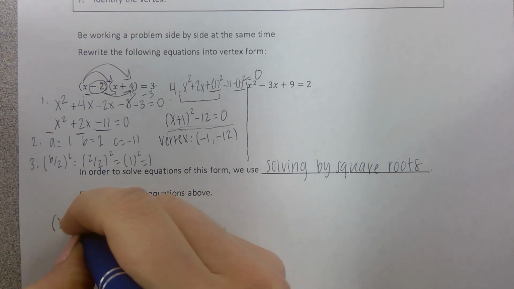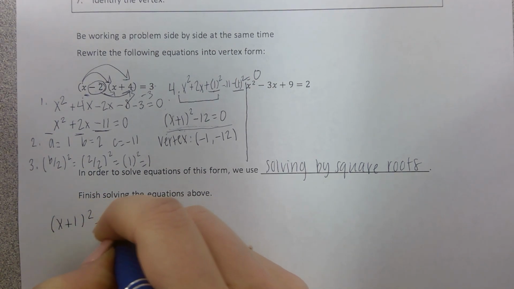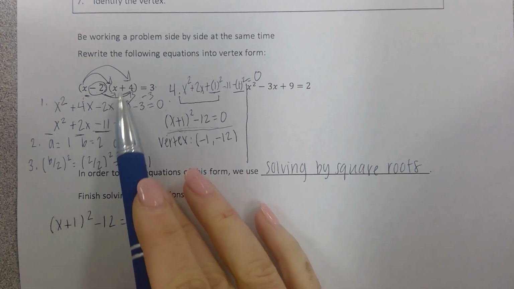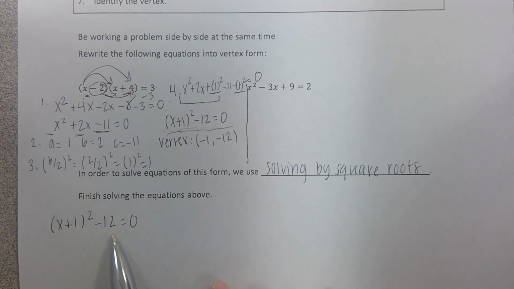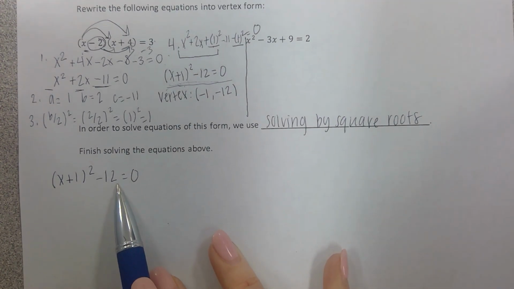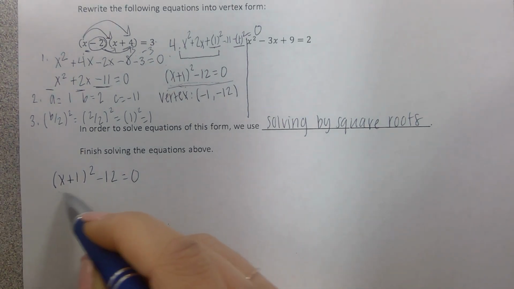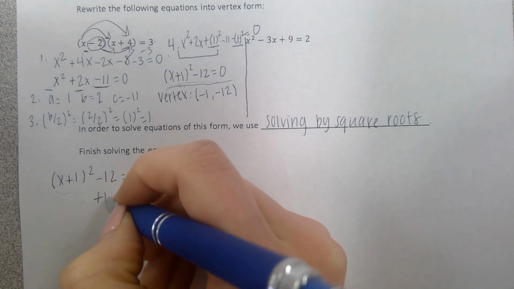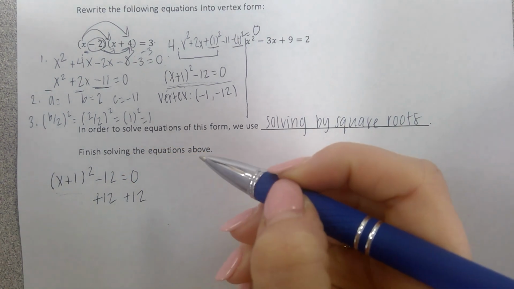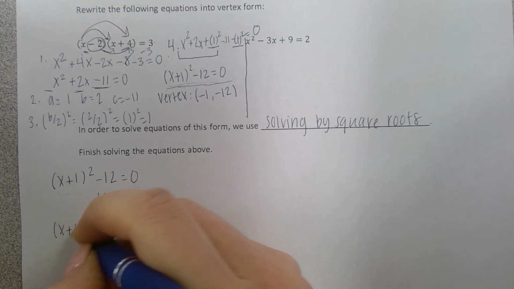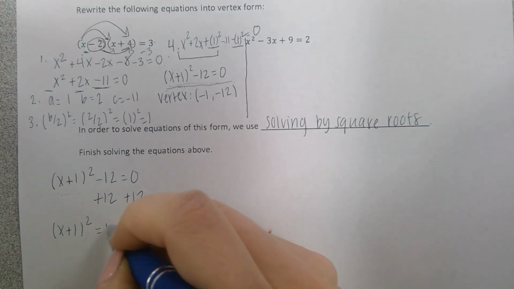If I have my x plus 1 squared minus 12 equals 0, this is just my vertex form from this equation, rewritten. The first thing I'm going to do is I want to move this 12 over. My goal is to get this expression by itself. So I'm going to add 12 to both sides. I'm left with x plus 1 squared equals 12.